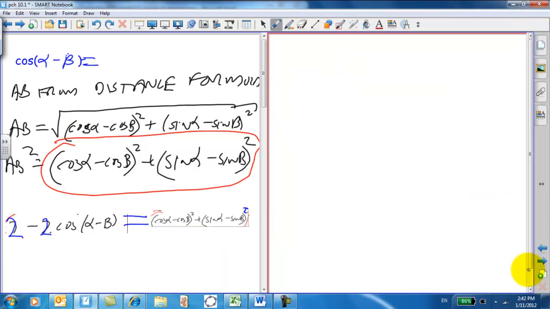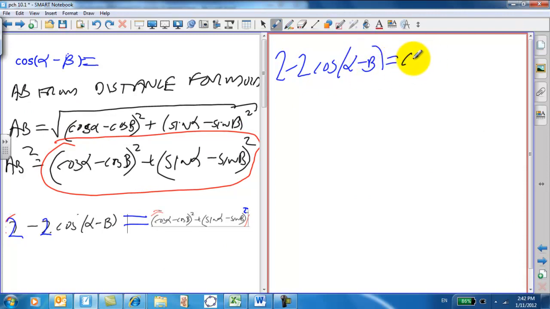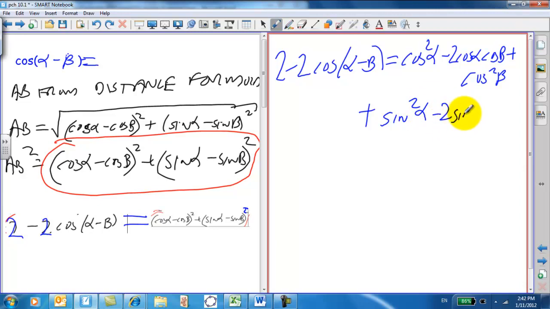Need another page. So 2 minus 2 cosine alpha minus beta equals cosine squared alpha minus 2 cosine alpha cosine beta plus cosine squared beta plus, now I expand out this part, sine squared alpha minus 2 sine alpha sine beta plus sine squared beta.